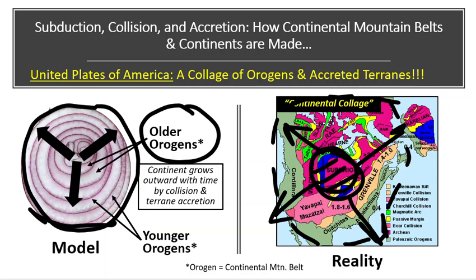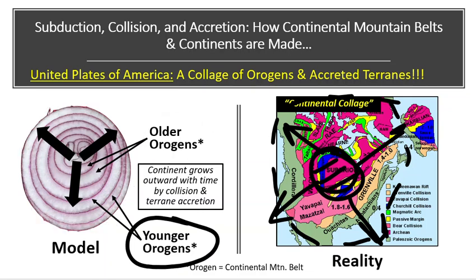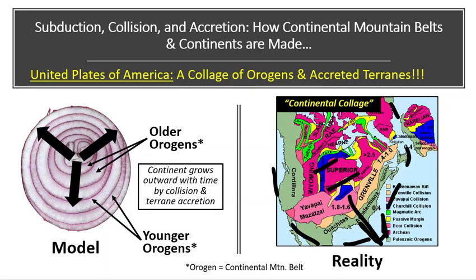And then out towards the edges of the onion, we have younger origins. So this onion-like growth of accreted terrains and origins is a good conceptual model to help us understand how continents can get made over geologic timescales.